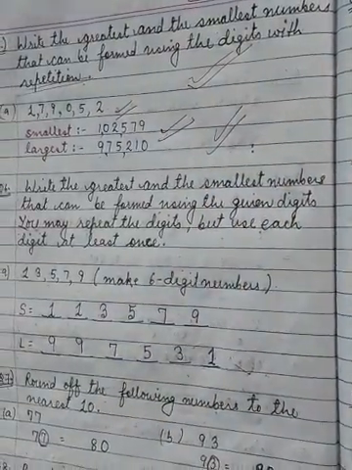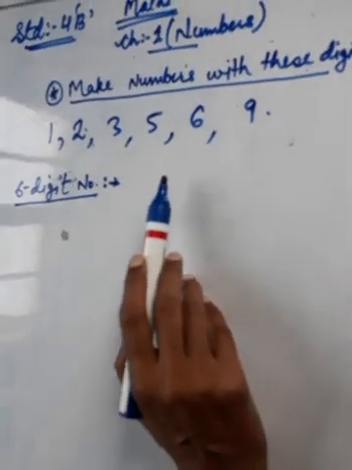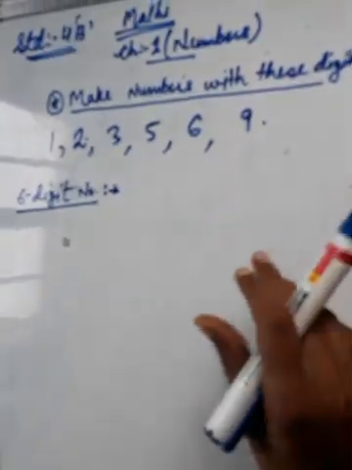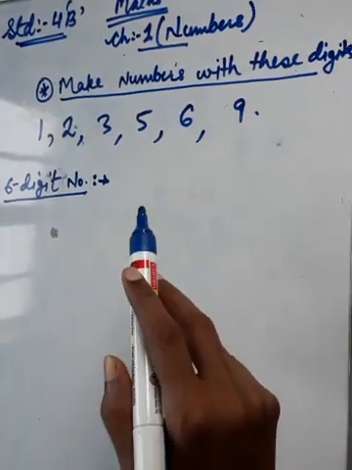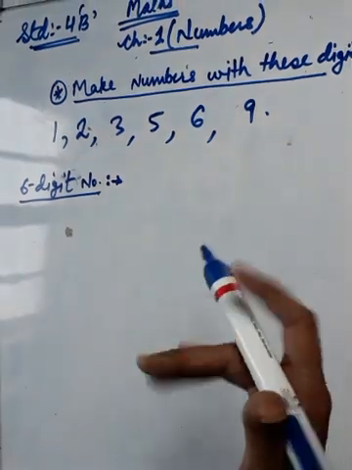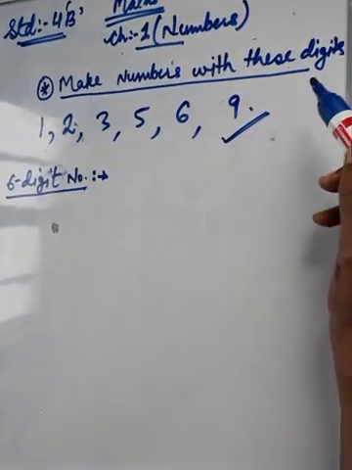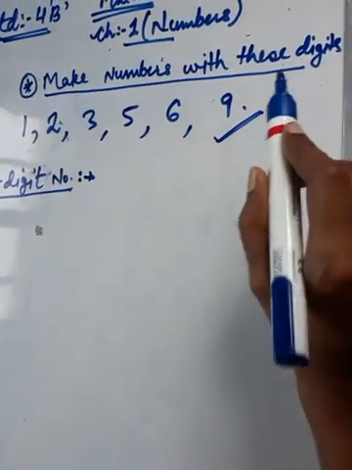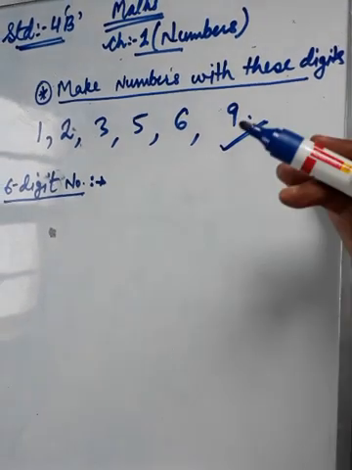So students, I am moving. You will see here that question number 5 says that you have to make the smallest and greatest number with the help of the given digits. From the given digits you have to make the greatest number and the smallest number, with repetition or without repetition.